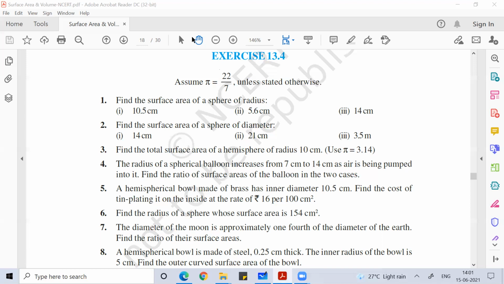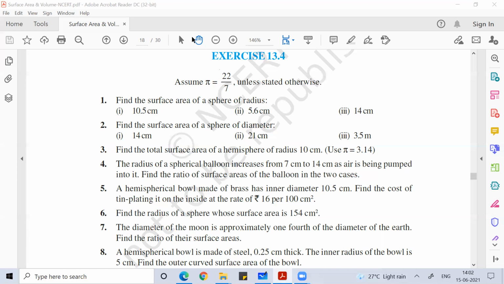So 2 pi r square में लगाऊंगा तो 2 into 22 into 75 by 100 into 525 by 100. So 75 by 100 को मैं 3 by 4 लिख सकता हूँ, 525 by 100 को मैं 105 by 20 या 21 by 2 लिख सकता हूँ.